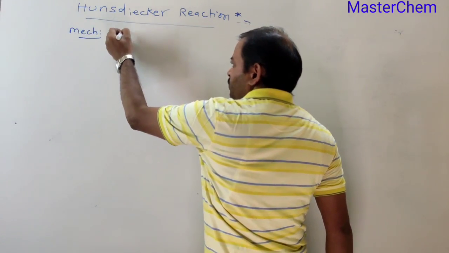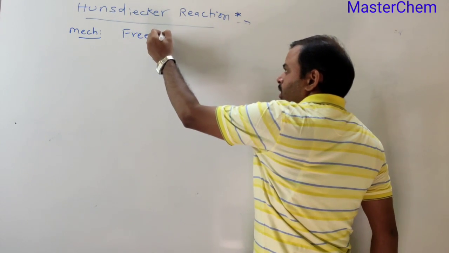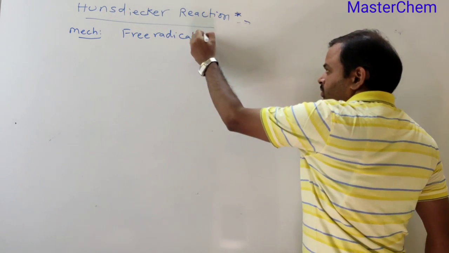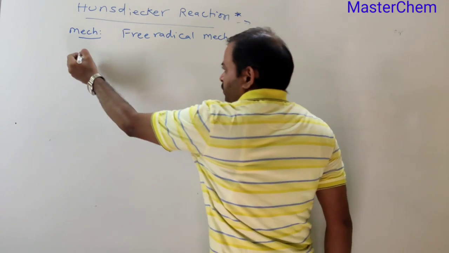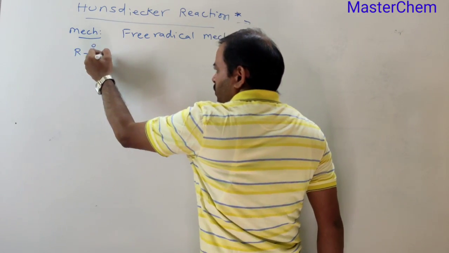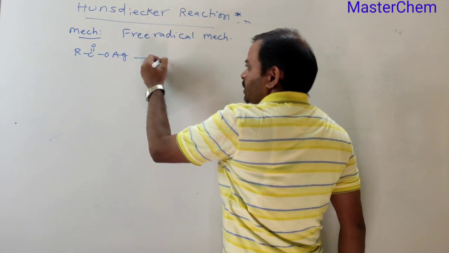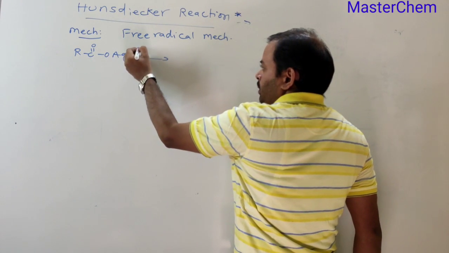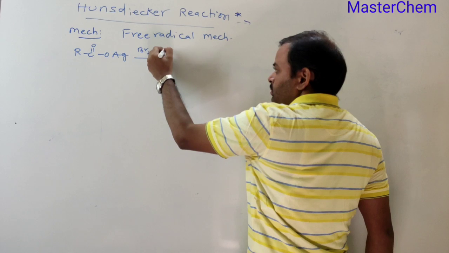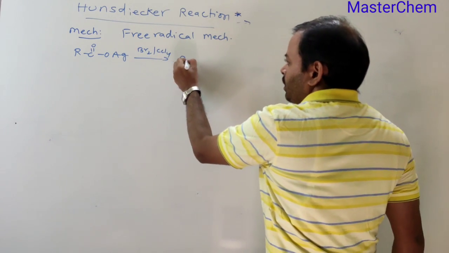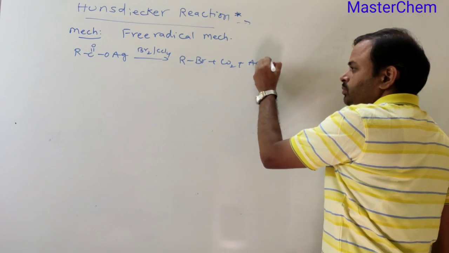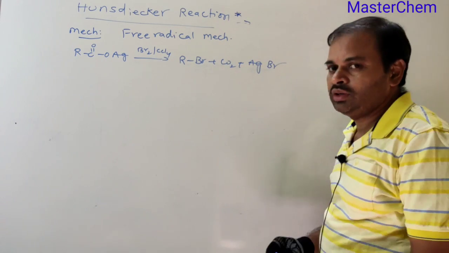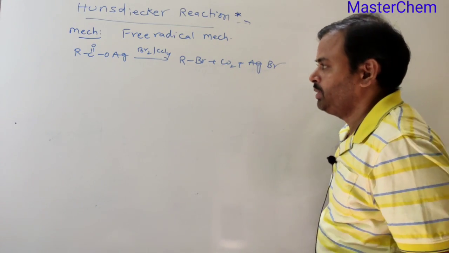It follows a free radical mechanism. So if you take the example RCOOAg with Br2 in CCl4, it gives RBr, CO2, AgBr. Okay, for this reaction, let us discuss the mechanism.